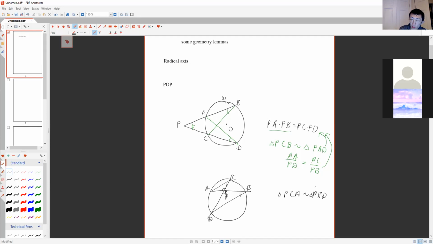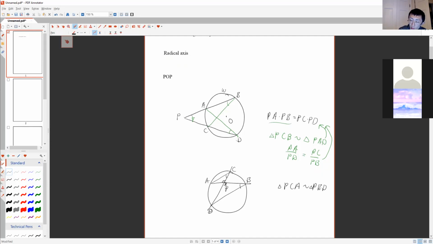And we'll definitely do some harder stuff today, but I just want to make sure we do everything rigorously from the ground up. So by angle we have these similar triangles, and so PC to PA is PB to PD, and then we have the exact same relationship that we had before.